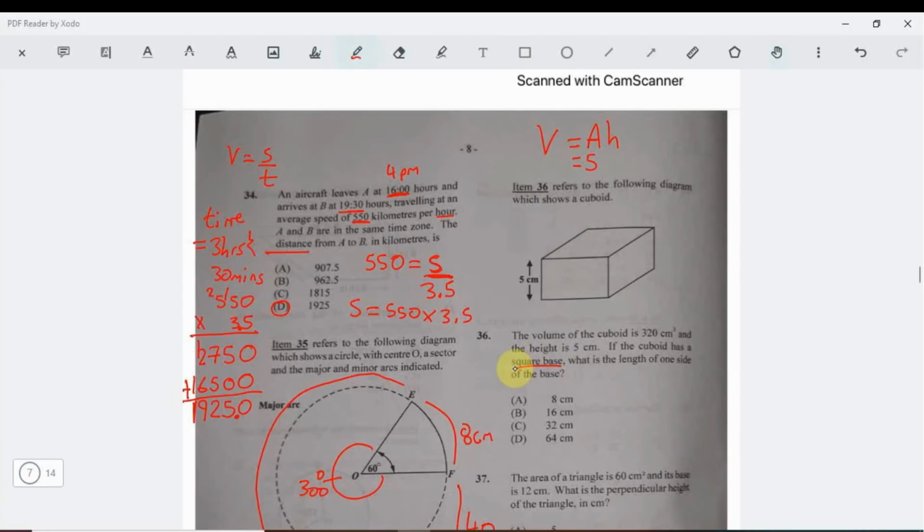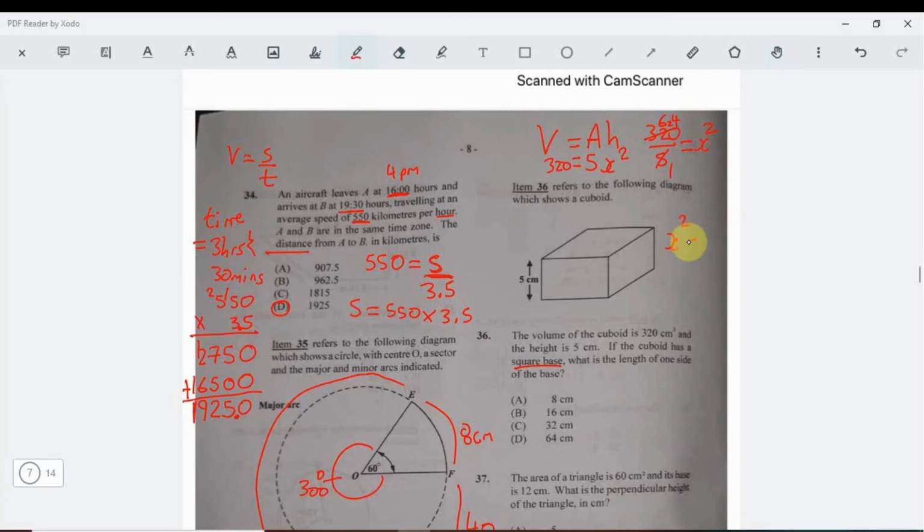So if it is a square base, we can call one side x and another side x. So x times x is x squared, and the volume is 320. If we divide both sides by 5, we get 320 over 5 is x squared. 5 into 32 goes 6, with a remainder of 2. 5 into 20 goes 4 times.